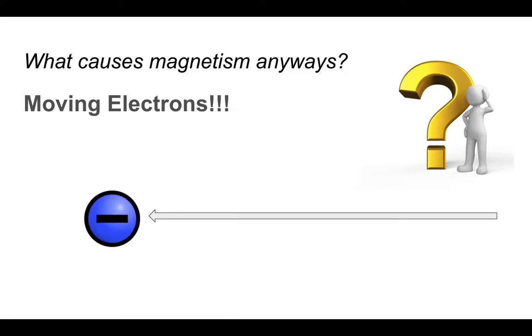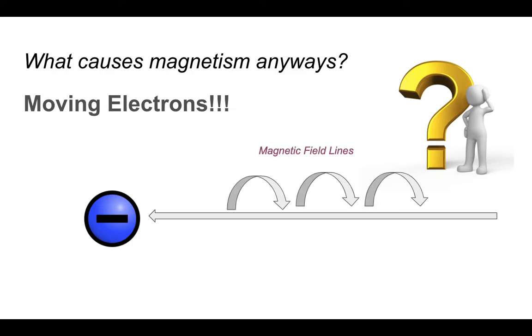When an electron moves, it gives off a magnetic field. Anytime we have moving electrons, it causes little fields of magnetism to be formed, and we'll show that in more detail later. It was a very critical discovery.